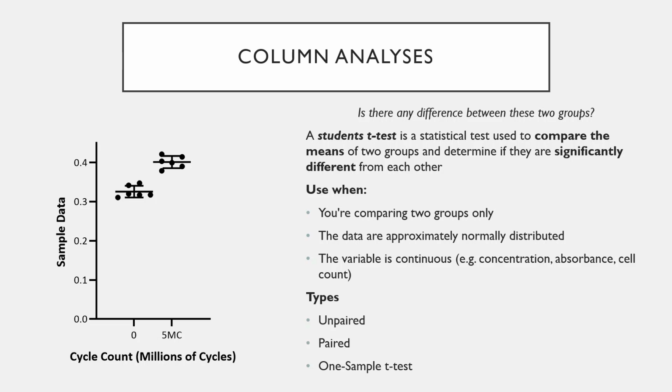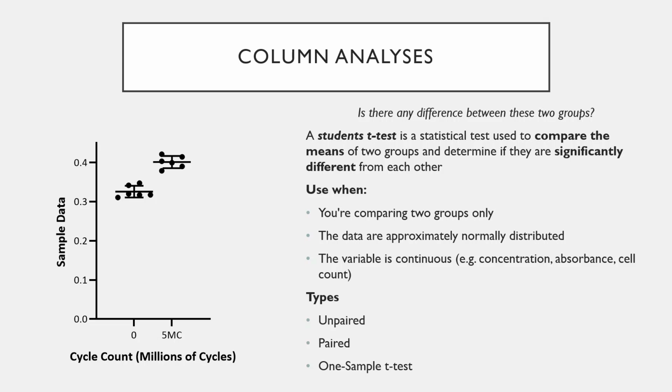So you only use this when you only have two groups, the data is normally distributed, in which case all this is in the sample sets I gave you, and the variable is continuous, meaning whatever my output is, deflection, absorbance reading, is on a continuous spectrum, as opposed to discrete, like output of a survey, yes or no, or a scale of 1 to 10, 0, 1, 2. Those are discrete steps and not continuous.